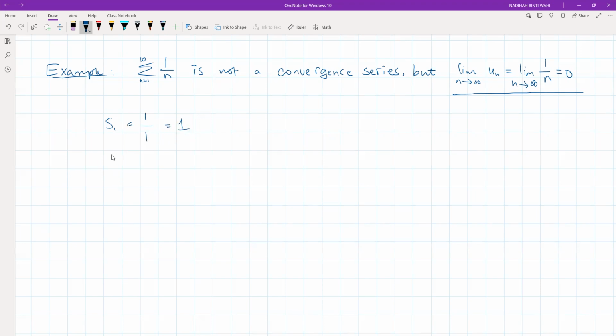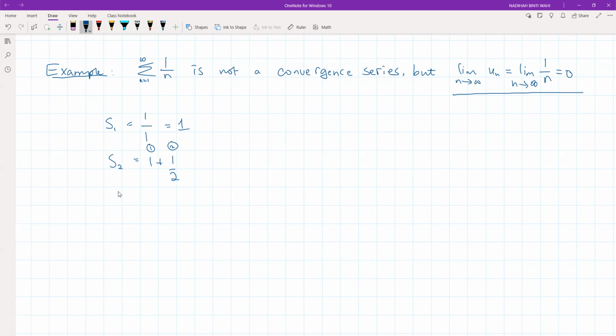Okay, and then if we have S of 2, the sum of two terms, it will be 1 plus 1 half. Why? Because the first term is 1, and then the second term is 1 over 2.